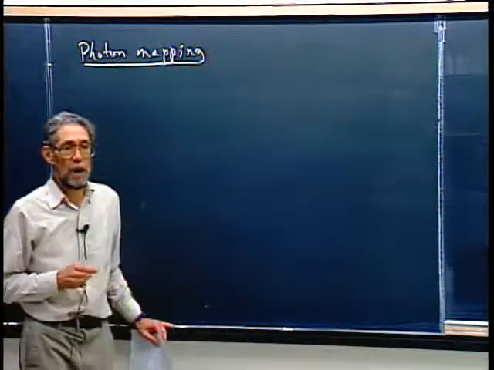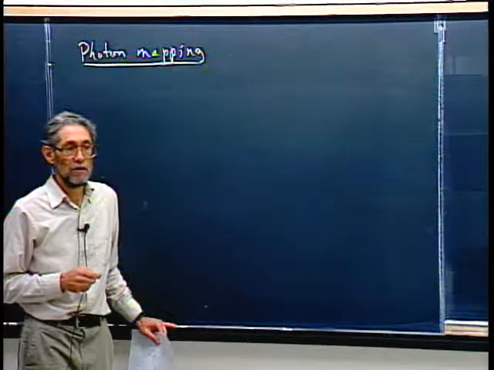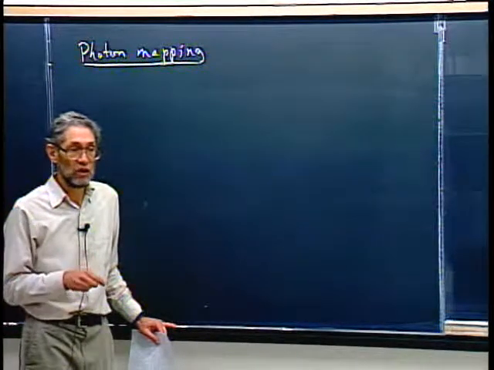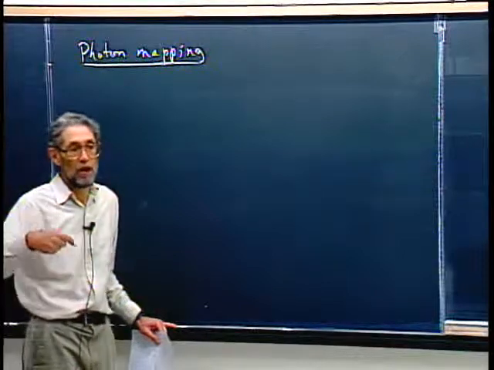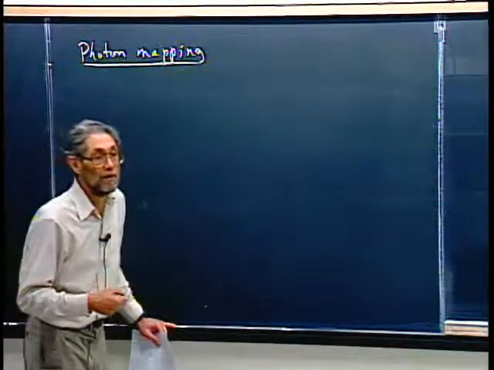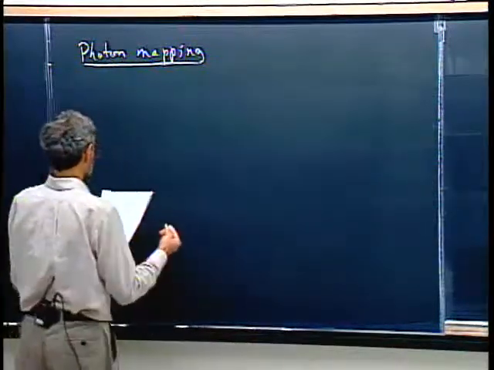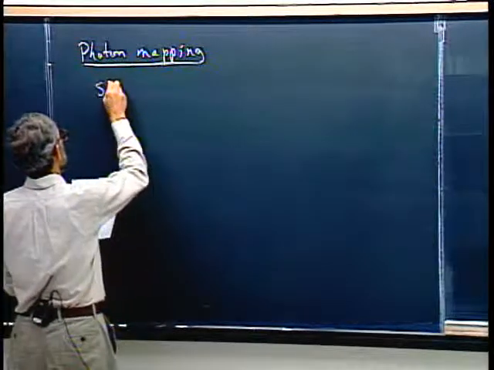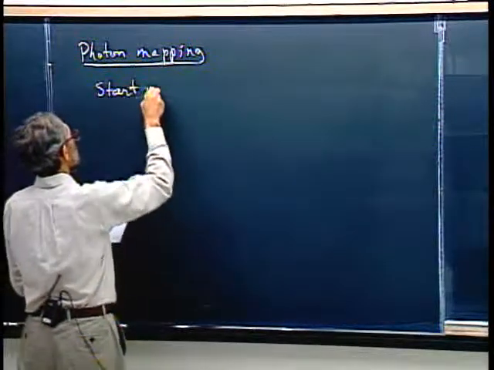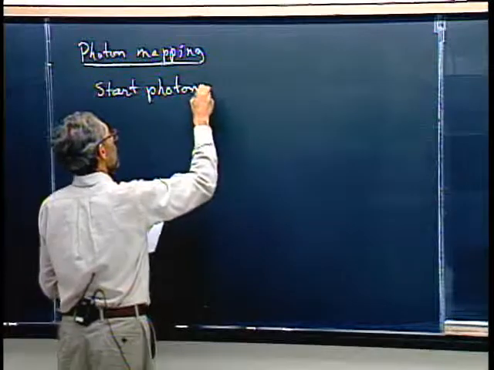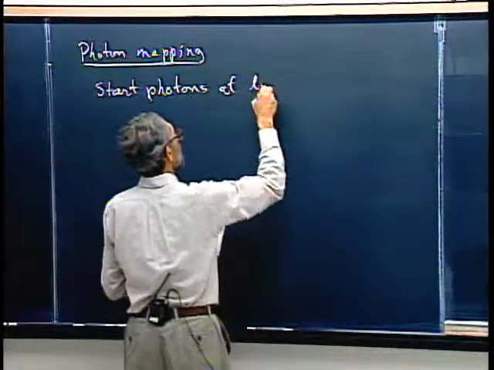And every time they bounce on a diffuse surface, we save the location and the direction, maybe the color and power of the photon. So, start photons at the light sources.